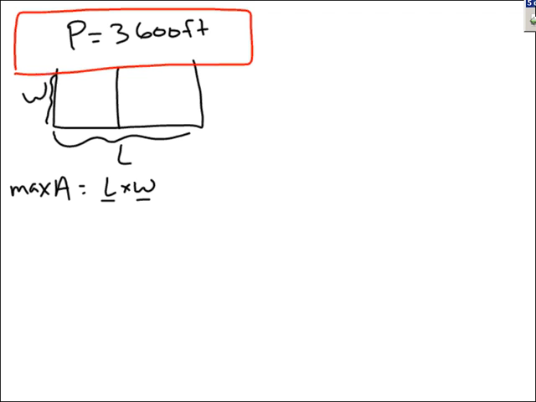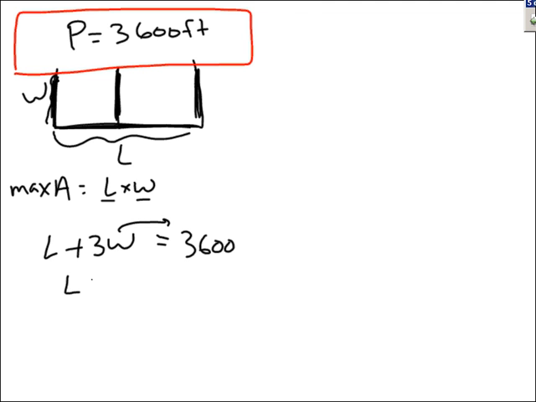So then we say, oh, okay, this piece L, plus this piece, plus that piece, plus this piece is equal to the perimeter. But this is W, and this is W, and that's W. That is, we have three W's. If we pass the three W's over to the other side, we'll know what L equals.